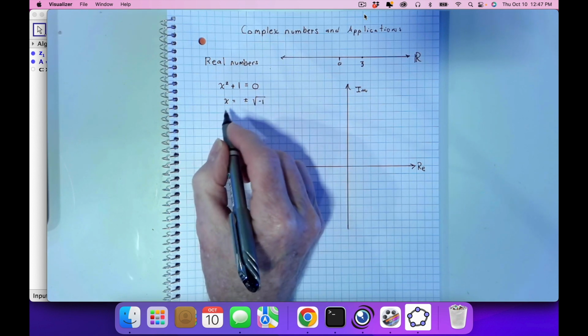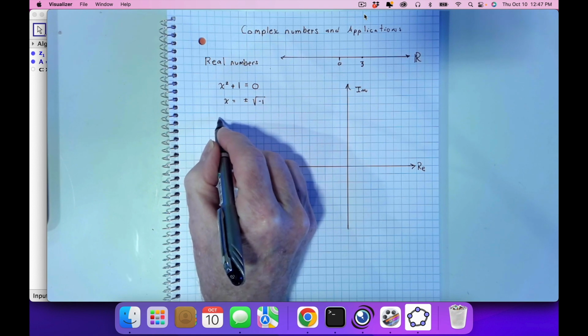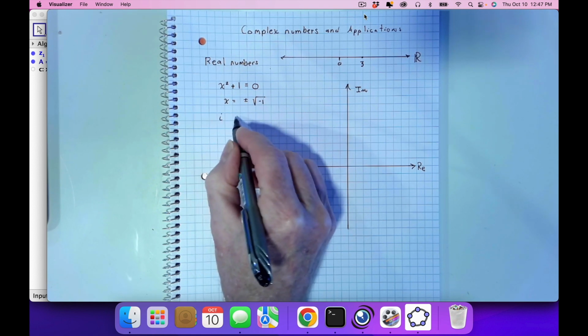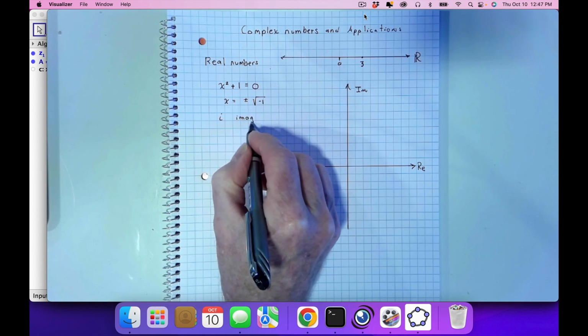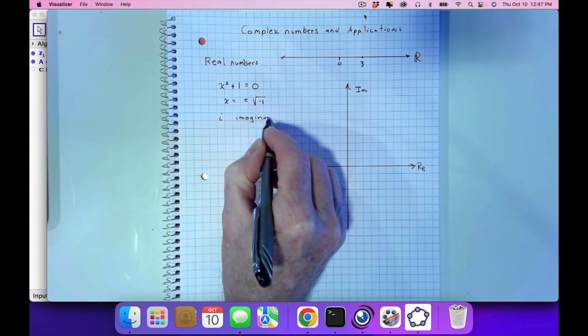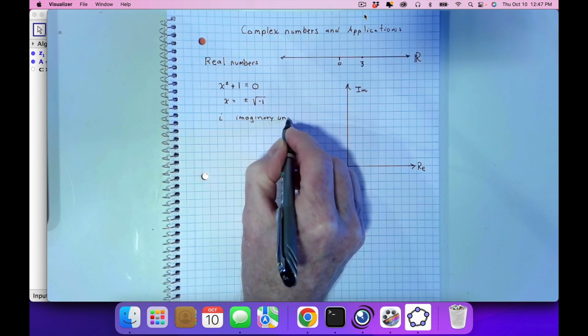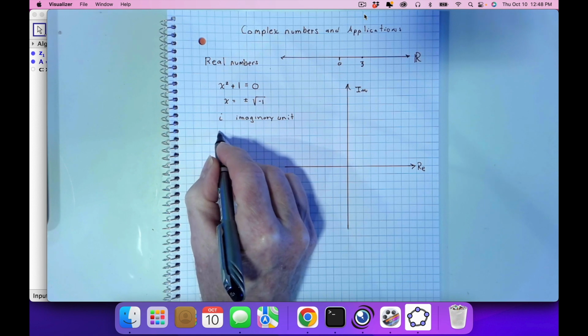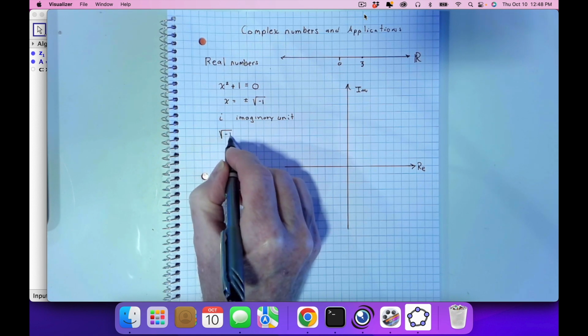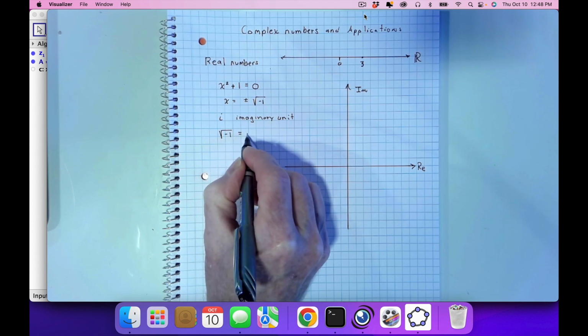Thus, we invent a number called i, which we refer to as the imaginary unit. It's an imaginary number. We invent this number, square root of negative 1, and we call it i.